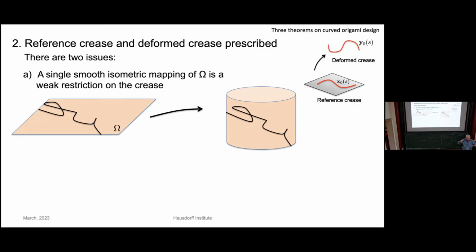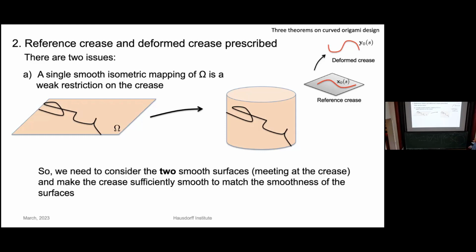Okay, so we have a crease in the reference domain, it's flat. We have a crease in the deformed domain, isometrically related, and we want to now have two sides to it. And so what makes the curve smooth is there are two smooth surfaces meeting the crease. So that has to be somehow built into the theorem.